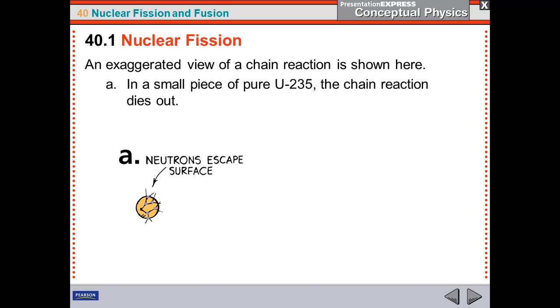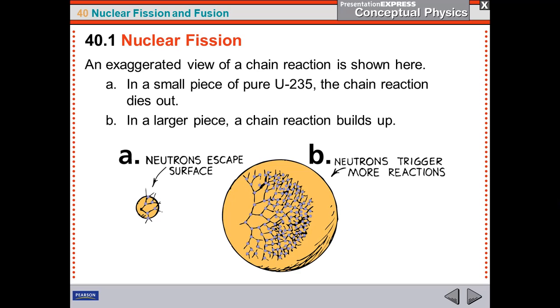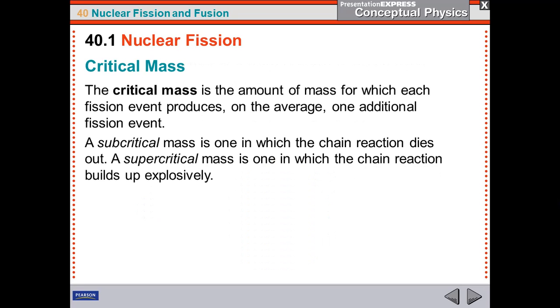In a small piece of pure U-235, the chain reaction dies out because the amount is not enough. But in a large piece, a chain reaction builds up. So you can see in a small piece it dies out. In a large piece, or you can say larger one, the reaction builds up.